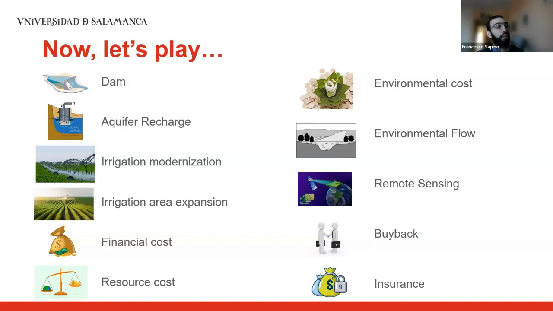Then we have the environmental flow, the minimum water needed for the environment. Some remote sensing technique to control the effective use of water, and then other policies such as buyback or insurance to have some financial implementation in case of bad outcomes.